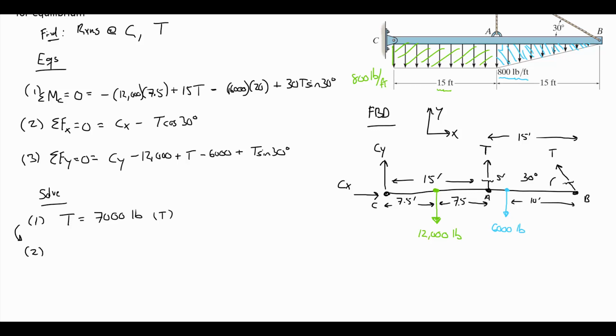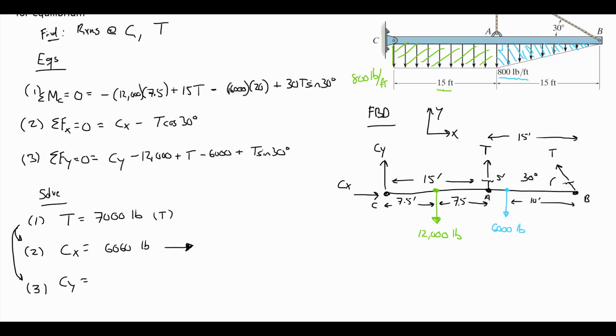Using that result in equation 2, I can find Cx is going to be 6,060 pounds. And it's an external force, so I do want to indicate its correct direction. I assumed it was pointing to the right, and that assumption was correct. And equation 3. Cy is the only thing I don't know now that I know T from equation 1.